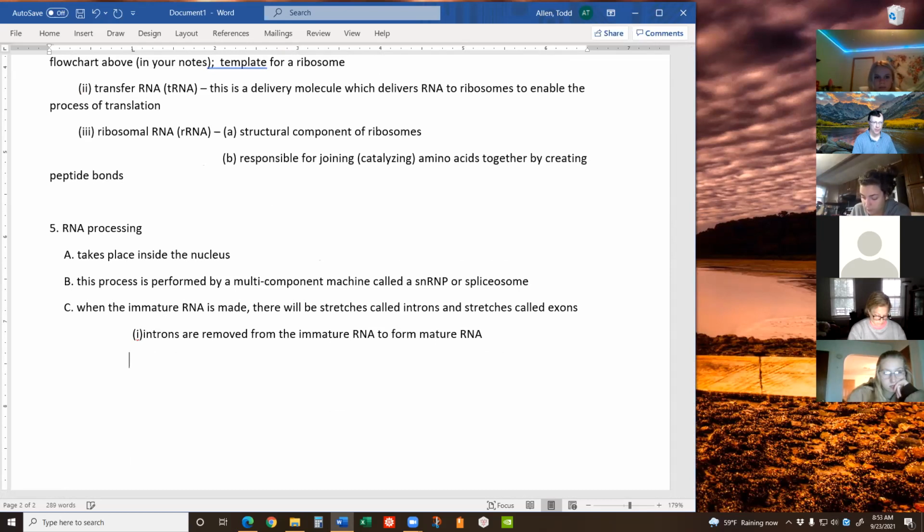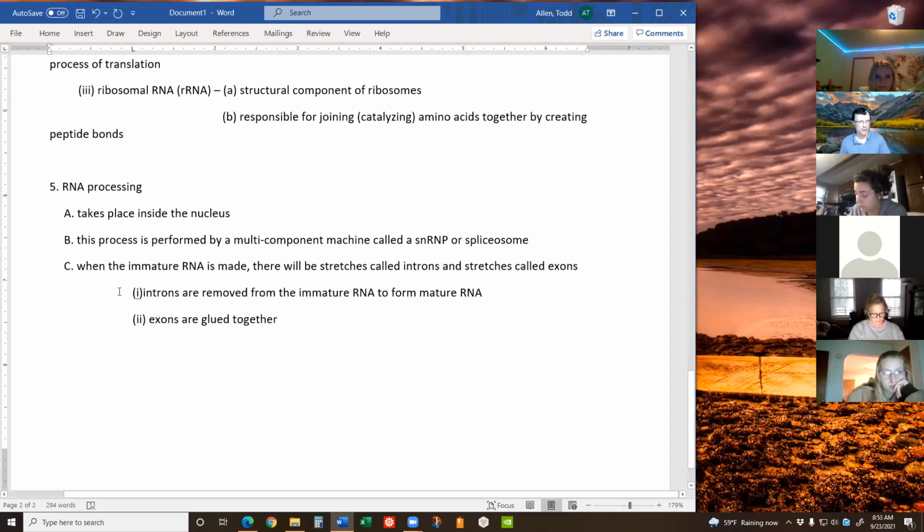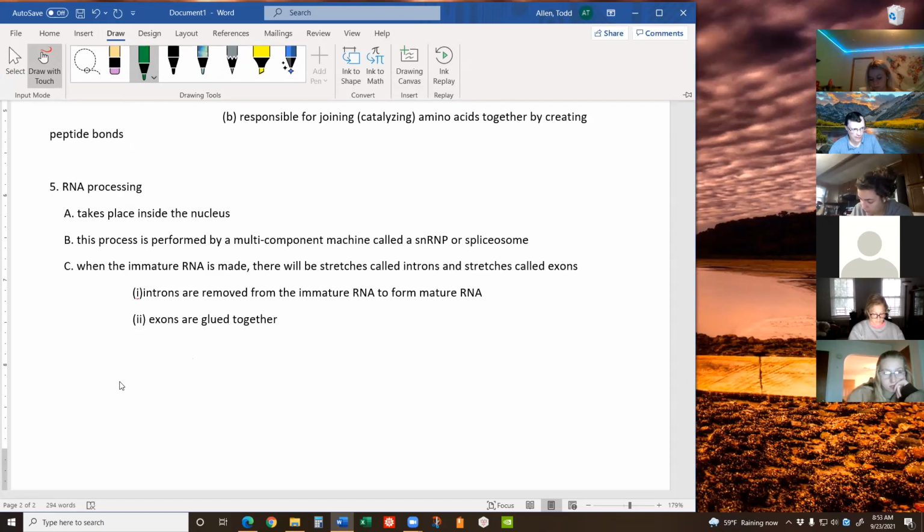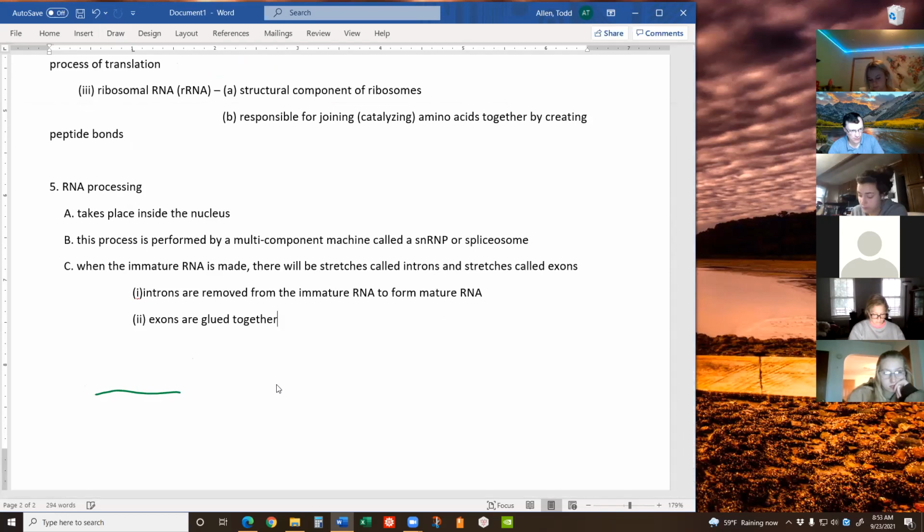When the introns are spliced out of the RNA, the exons are glued together. Okay, so in a very simplistic and quick diagram, okay, when the immature RNA is manufactured, it might look something like this. Okay, hold on. All right, so if I have immature RNA, it might look like this.